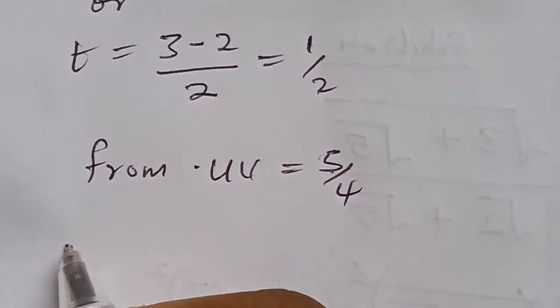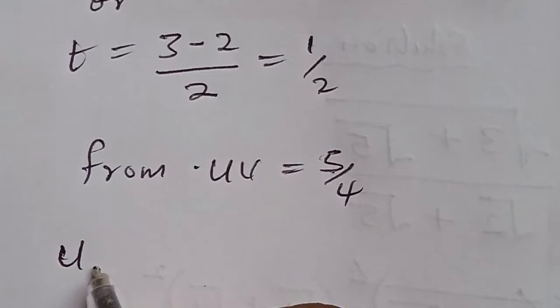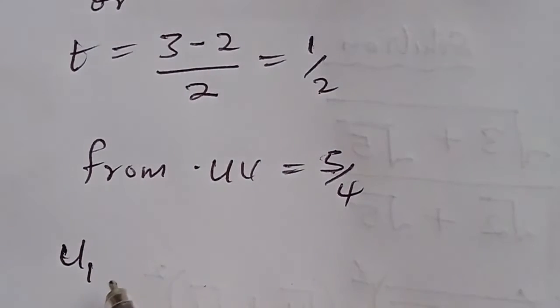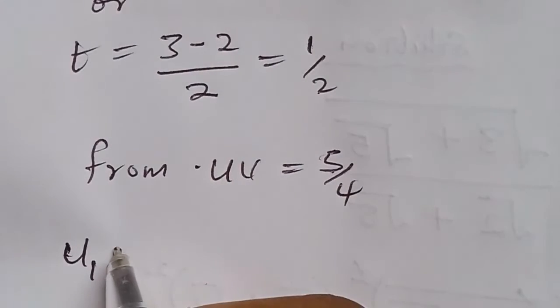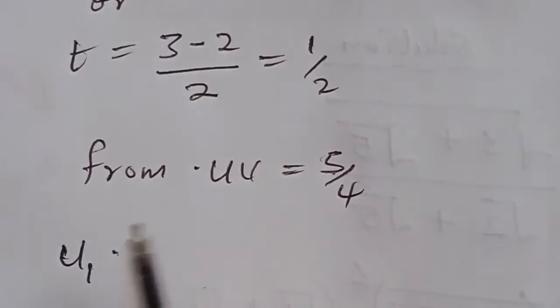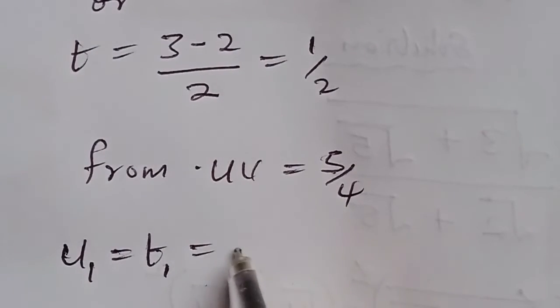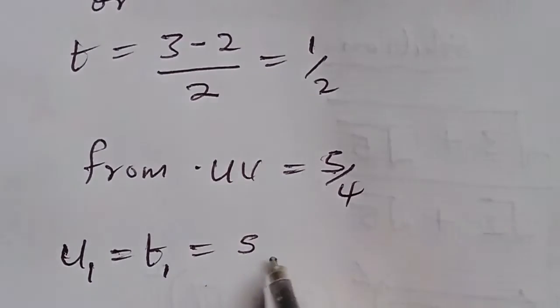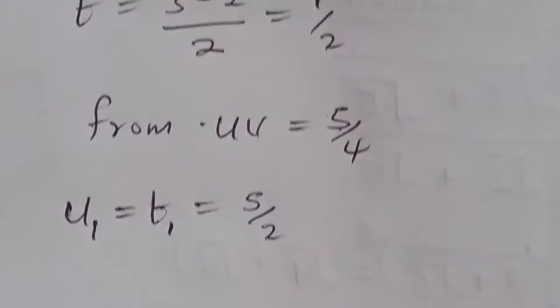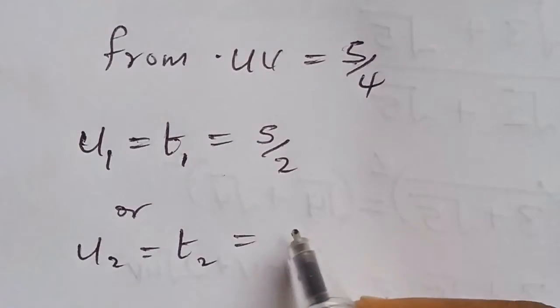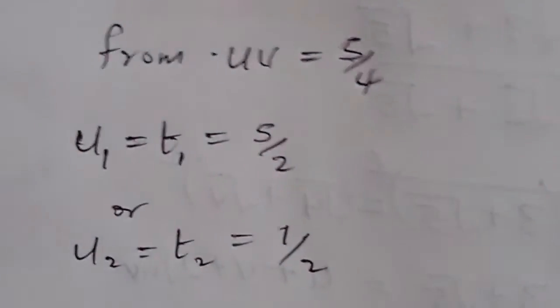So for u, which is equal to t, we have u1 equal to 5 over 2, or u2 equal to t2 equal to 1 over 2.